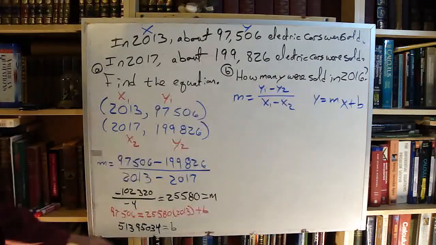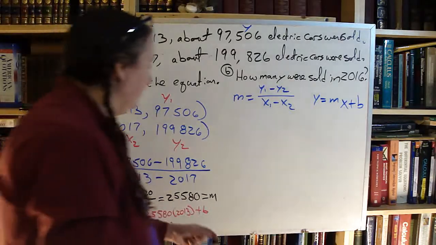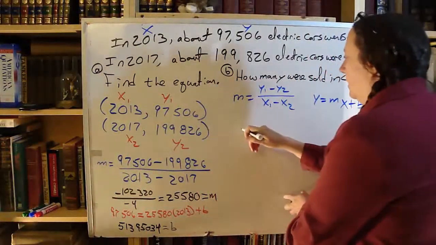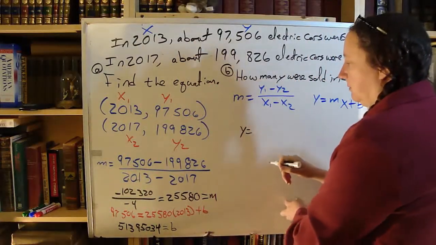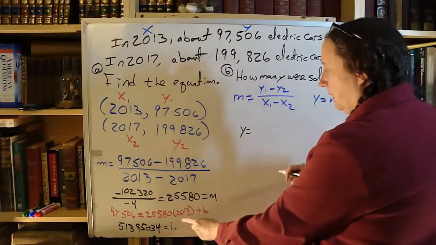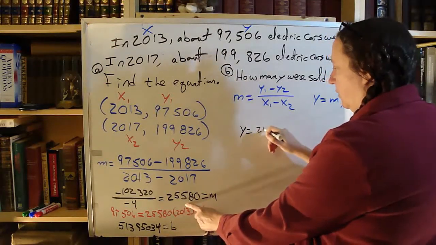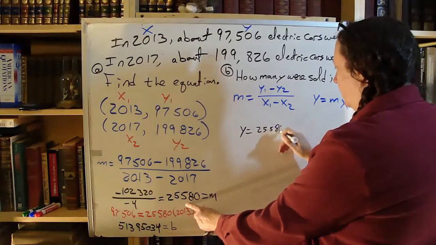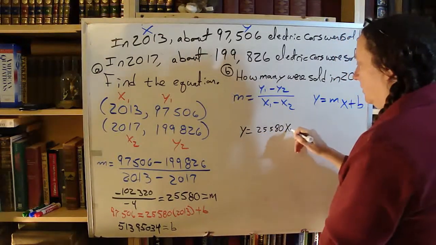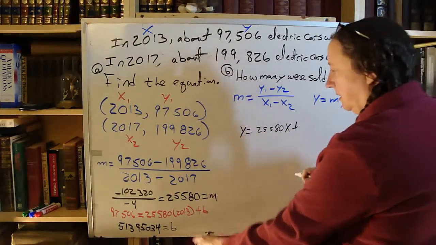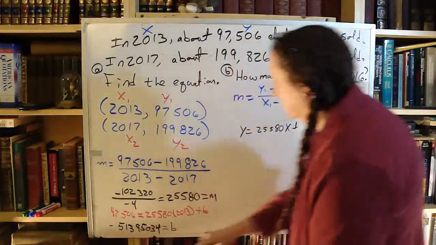So using that number and my slope that I found, I have y equals m, 25,580 x plus b. I forgot my negative sign.